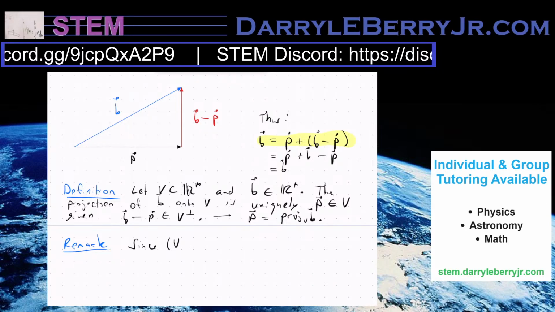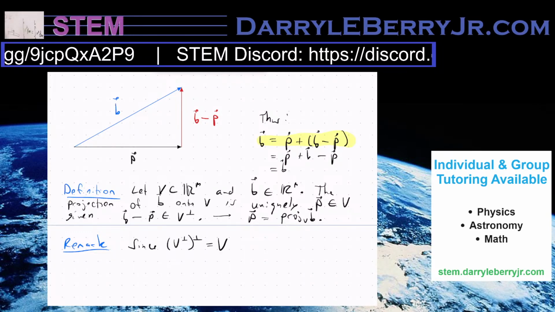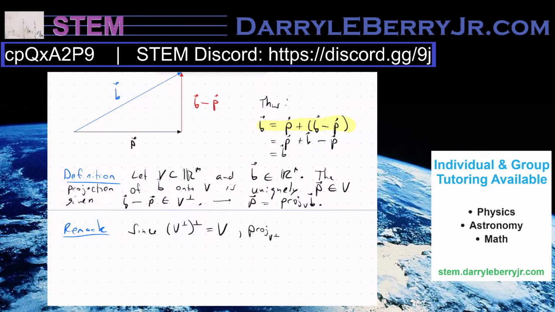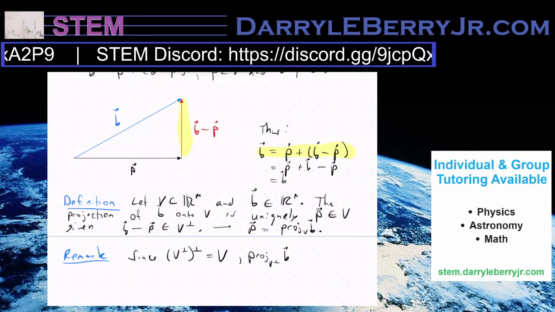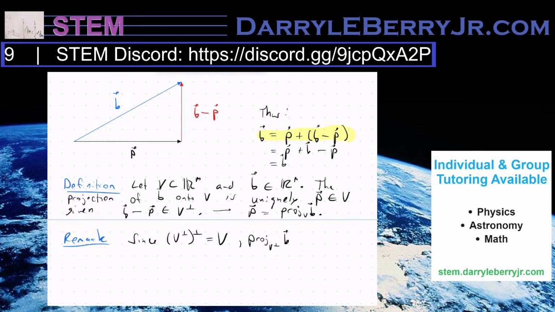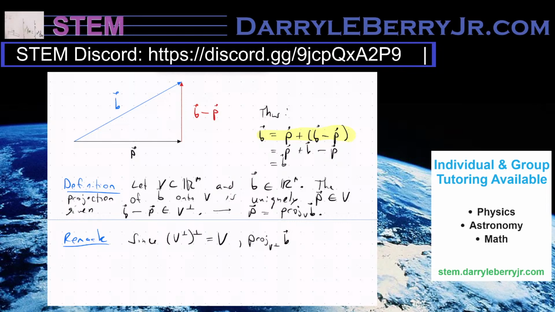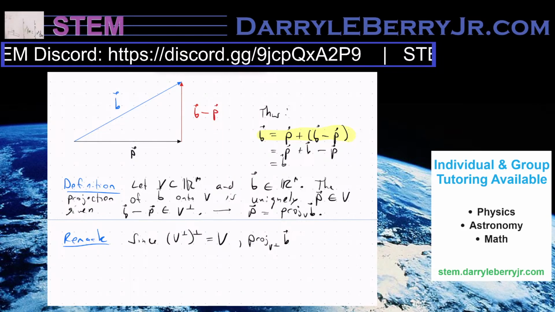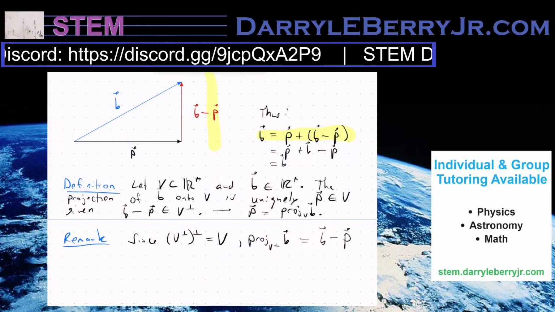Since the orthogonal to V, the orthogonal to that is V. This follows that the projection of B onto the space orthogonal to V, the projection of what's orthogonal to V onto B, equals B minus P. So whatever is orthogonal is whatever is going in this direction.